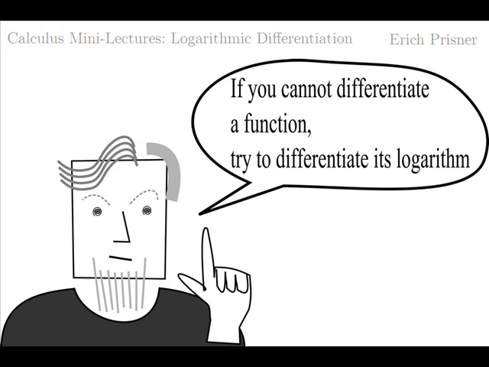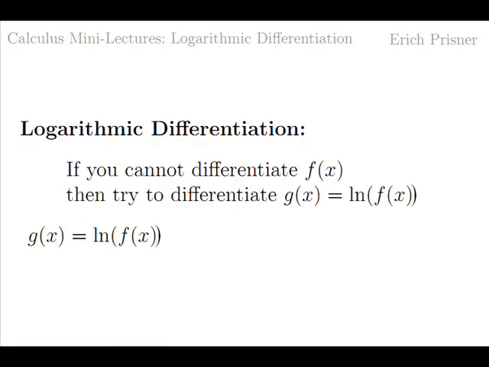It is not that silly, since the derivatives of f, the function we need to differentiate, and g, the function we should differentiate according to the logarithmic differentiation advice, are closely related. The function g is a composed function with ln as an outer function and f as an inner function.